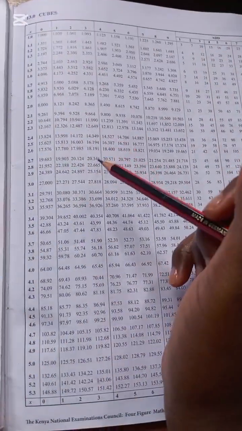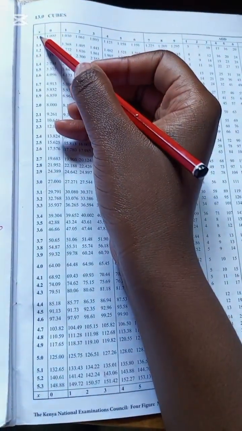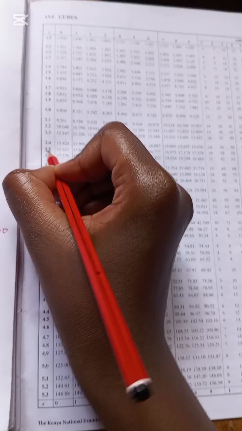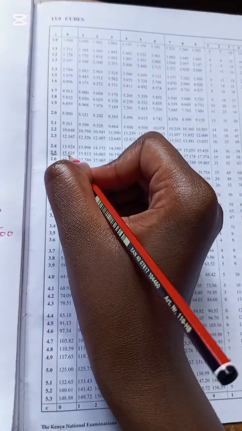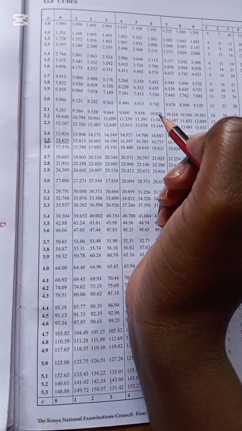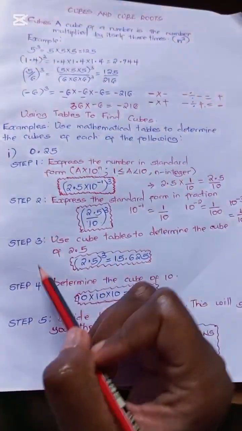Since we are looking for the cube of 2.5, you will go to column X and go up to 2.5. Since it is only 2.5, our value will be here, 15.625. That is step 3.